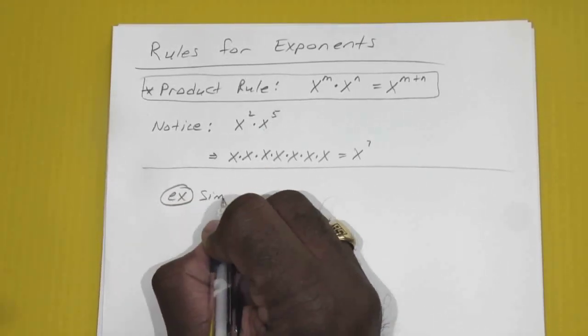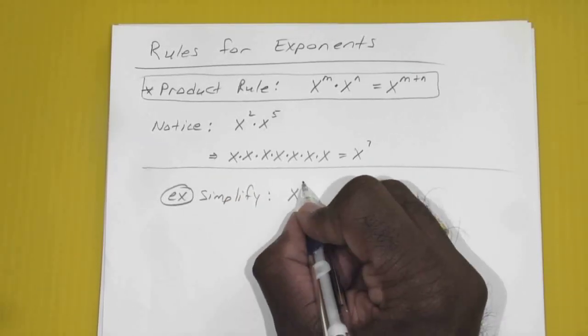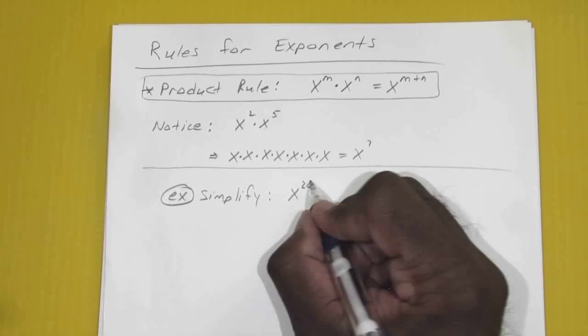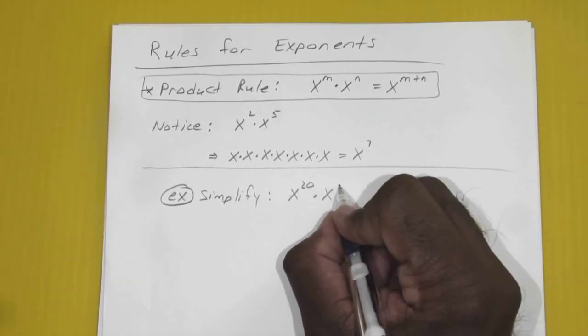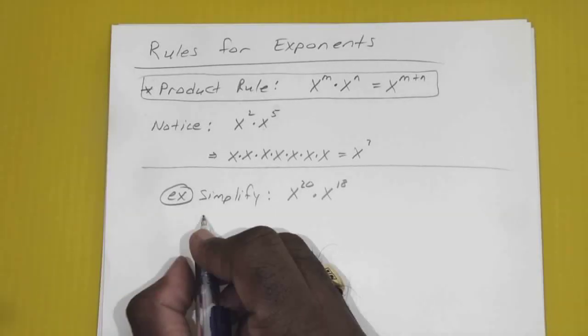if you wanted to simplify x to the 20th power times x to the 18th power. Are you really going to multiply x 20 times and then another 18 times and then add them all together? You don't really have to.